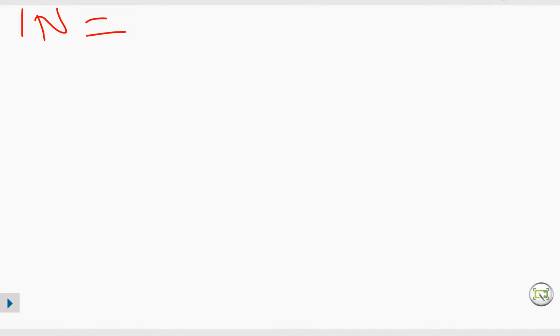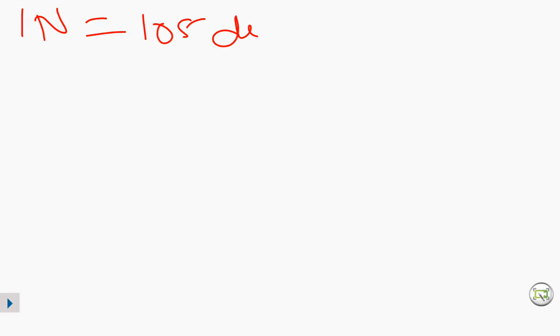So 1 Newton is equal to 10 power 5 dyne. 1 Newton meter, this is the unit of moment of force. So 1 Newton meter is equal to 10 power 5 dyne.